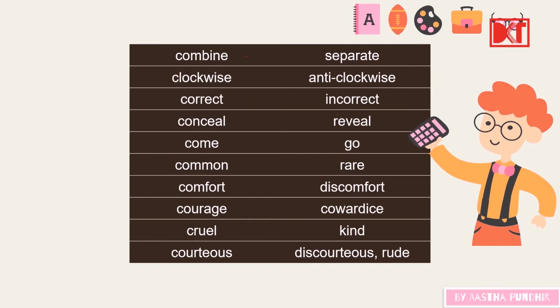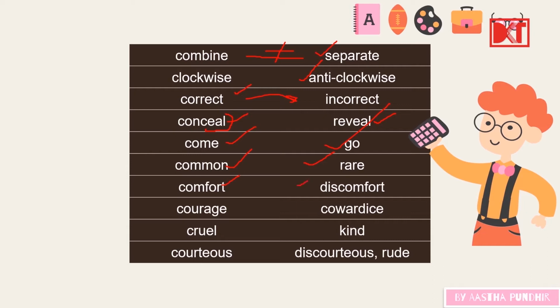Okay, so here you can see a few examples. Combine is the antonym of separate. Clockwise, opposite is anti-clockwise. Correct, the antonym is incorrect. Conceal, which means to hide something. Reveal means unveil it, show it. Right, come and go. Common and rare.